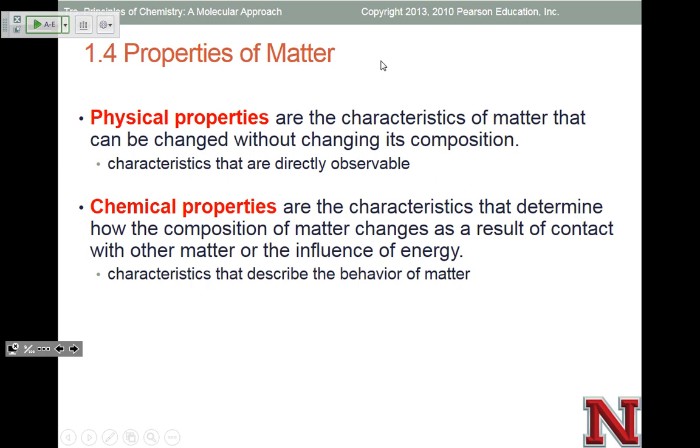And our chemical properties are characteristic of our molecules as well. And how our matter changes is going to be a result of contact with other matter, or the influence of energy. We'll be looking at all these concepts in organic also.